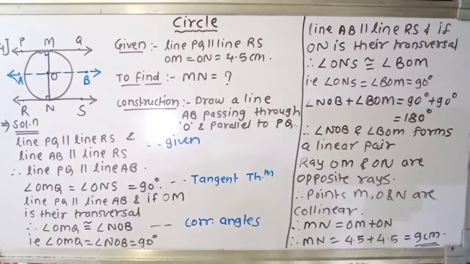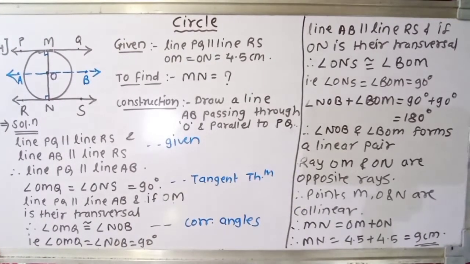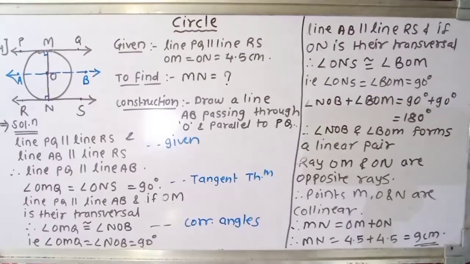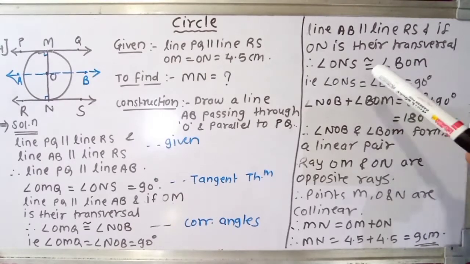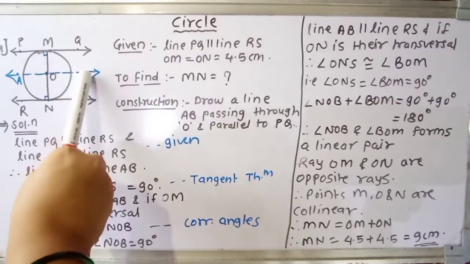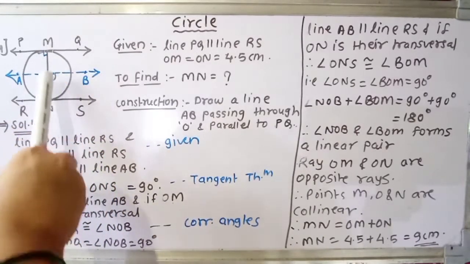So the next statement is line AB parallel to line RS, and ON is their transversal. So angle ONS congruent to angle BOM, corresponding angles.